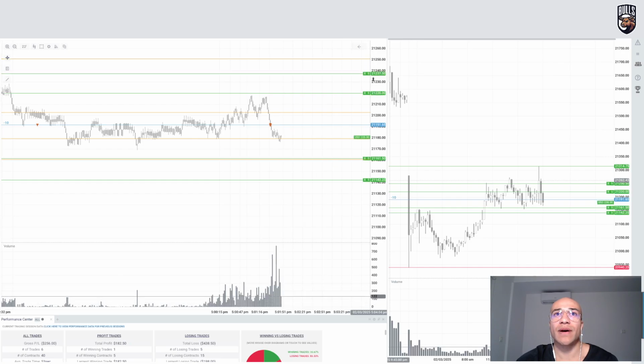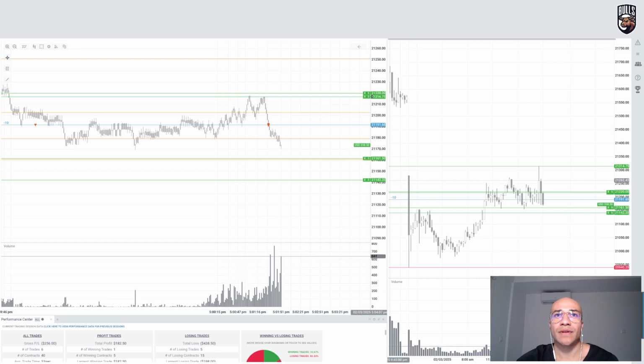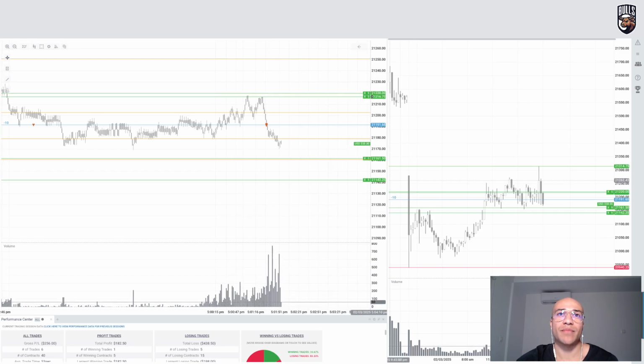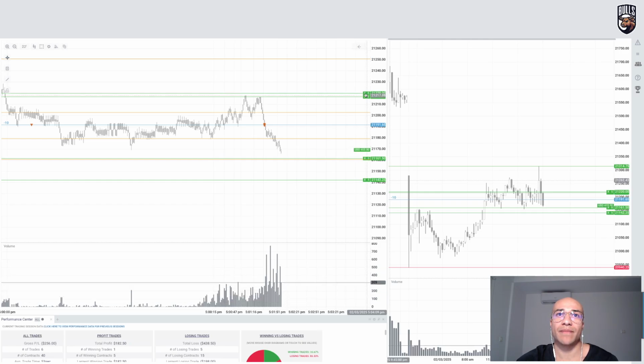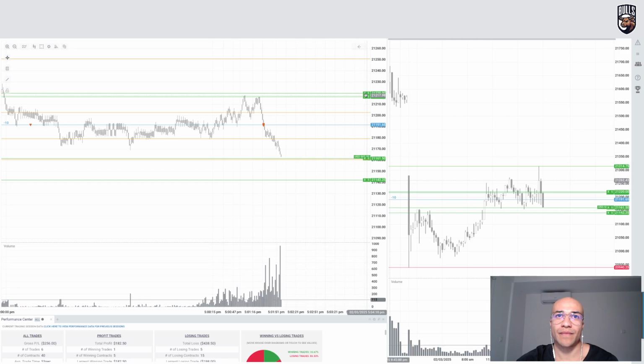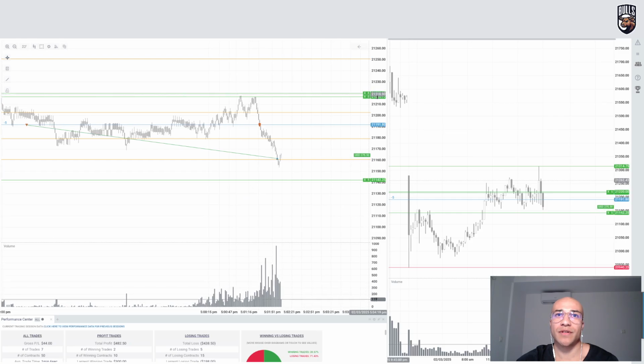So definitely moving my stop loss to take a little bit of risk out. And I might close out the entire position once we hit my take profit level 1, or at least trail my stop. So closed out the first position right here, got filled at my take profit level 1.